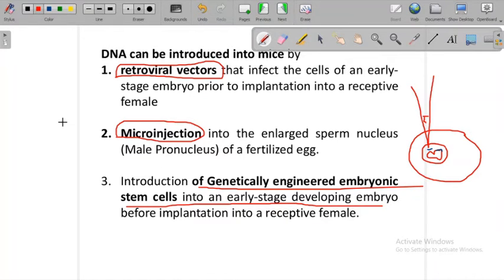After fertilization, we collect the embryos, which contain stem cells, and we can re-engineer them with the help of microinjection and inoculate those stem cells back into the embryo. Ultimately, most of the germline cells get our transgene present in their chromosomes, and this organism will develop that property.